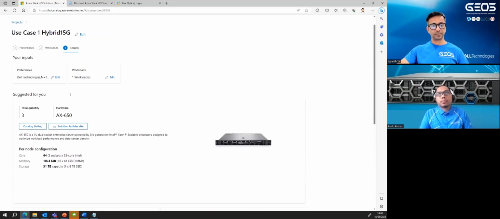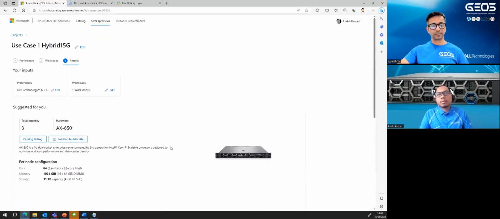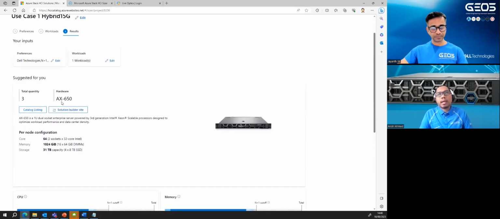So here we see that the result will be 3 AX650. AX650 is our Dell Azure Stack HCI appliance. The 650 is based on PowerEdge 650, which is a 1U PowerEdge server, right?